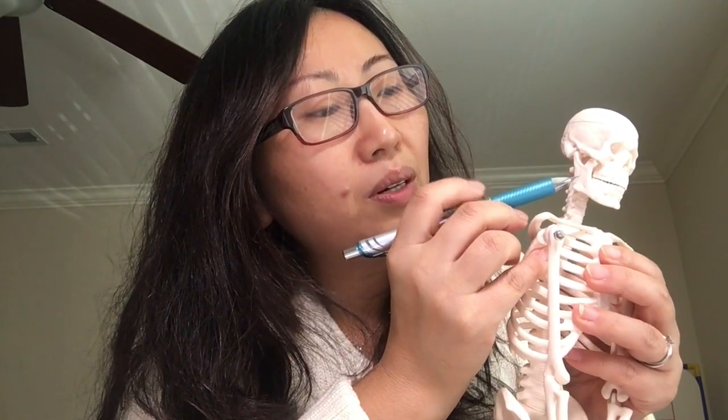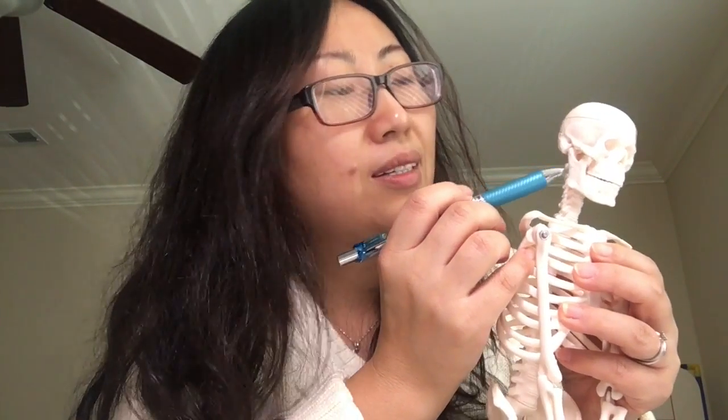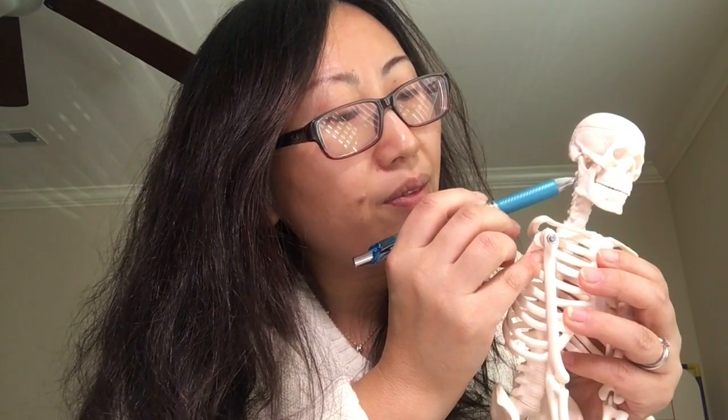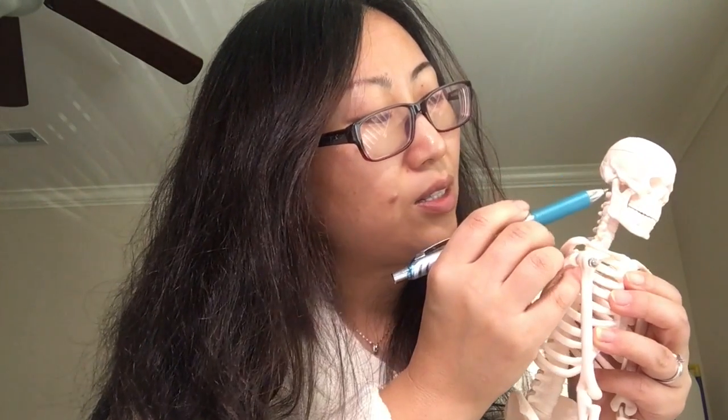If we look at the side of the mandible, we will have the mandibular ramus, that's the major part of it. And then we have the one right there, which makes a connection of the mandible and the skull together on the top.